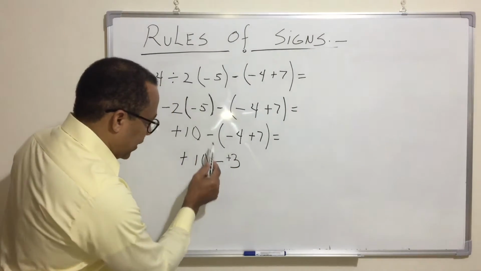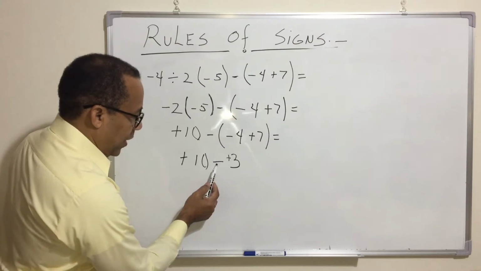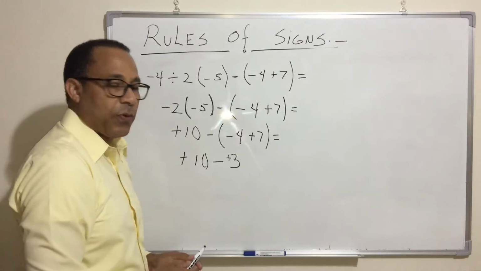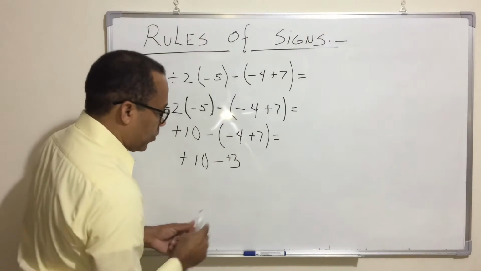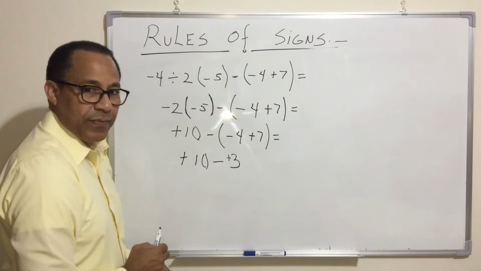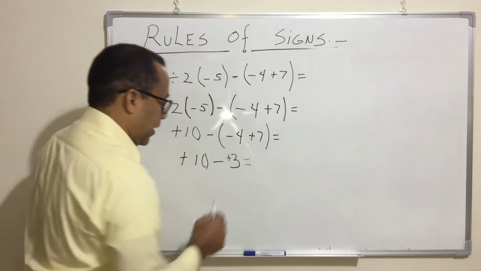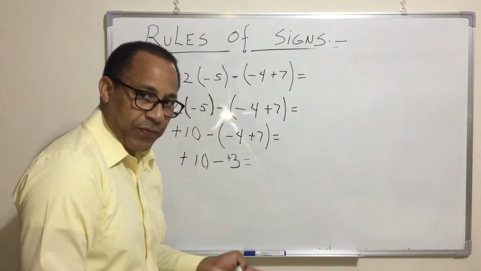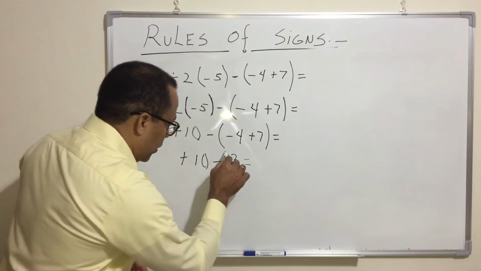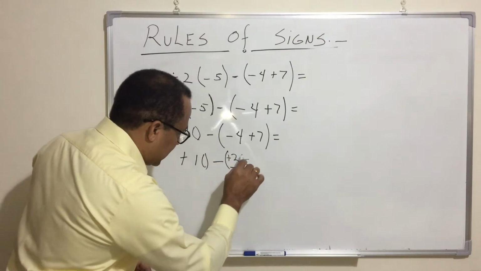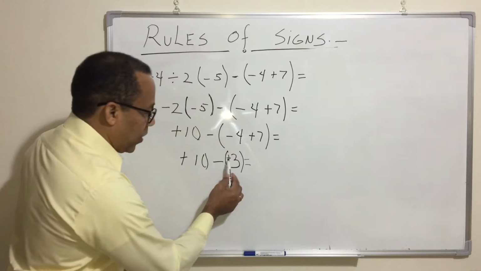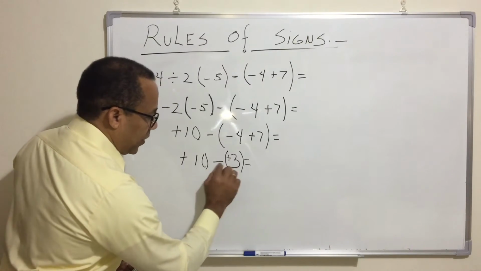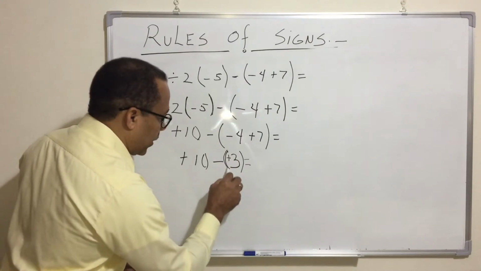This negative sign is this one here. And this positive 3 is the result that comes from negative 4 plus 7 equals to plus 3. Now, if you want to make it different, you just put a parenthesis here, not to have the two signs together, because when two signs are together like this it is also a multiplication.